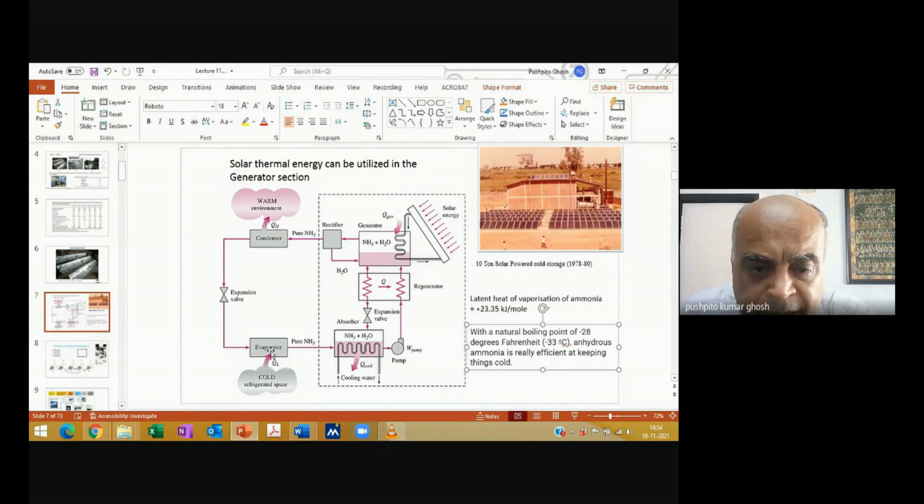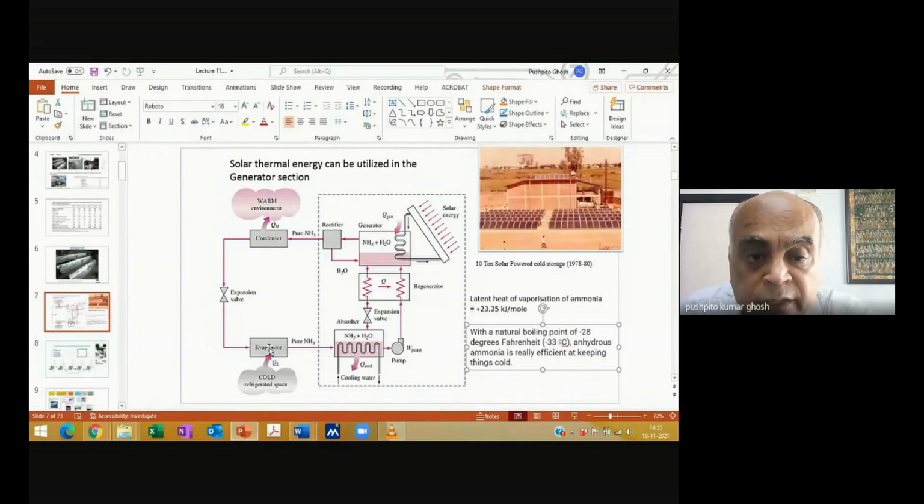Now, in the evaporator, the liquid must be at a reasonable pressure. It is not necessarily at one atmosphere pressure, because then it will all boil away. So there would be some amount of pressure under which the ammonia is present here.